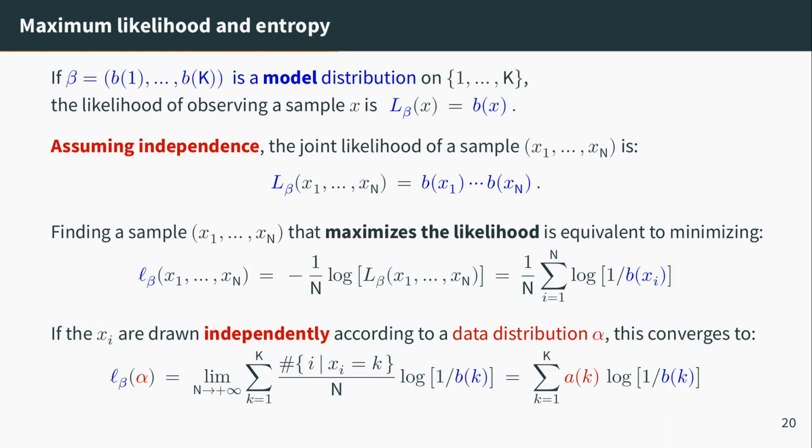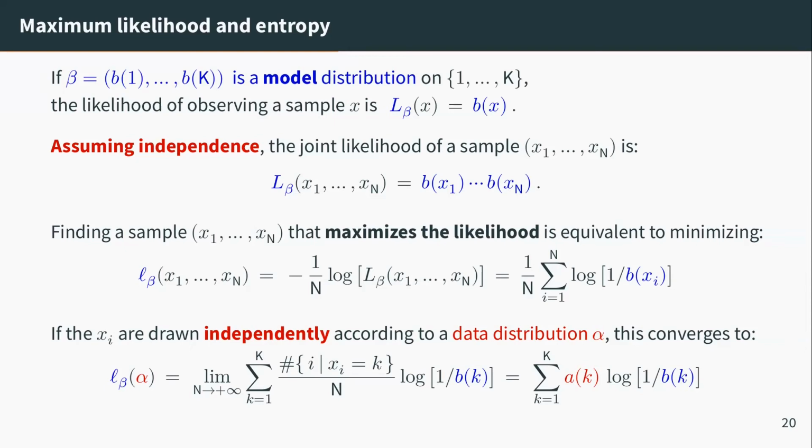So basically, the likelihood according to beta, the stuff that we want to minimize, is the average value, for a given sample, of log of 1 divided by b of xi. And now, what happens if the samples xi are not drawn independently according to the model distribution, but according to a different data distribution, alpha?